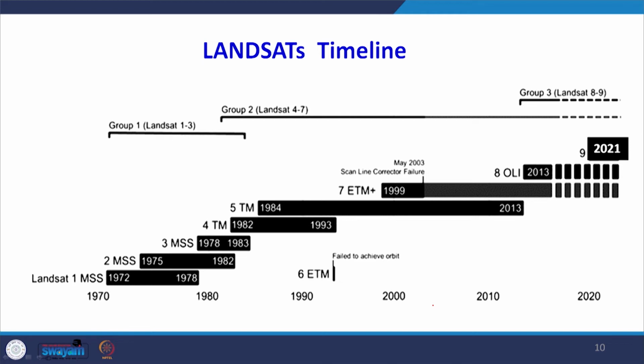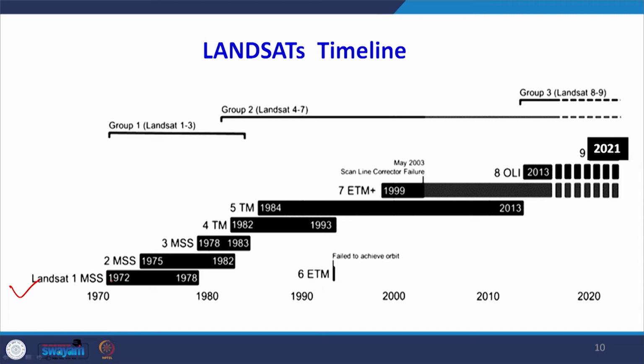So, you can see in this particular diagram, which is a Landsat timeline starting from Landsat 1 in 1972, the horizontal bars are giving us the overlap which we received from the various satellites. During that overlap region we can get repetitivity of the data, that is, temporal data was available to us at a reduced interval.